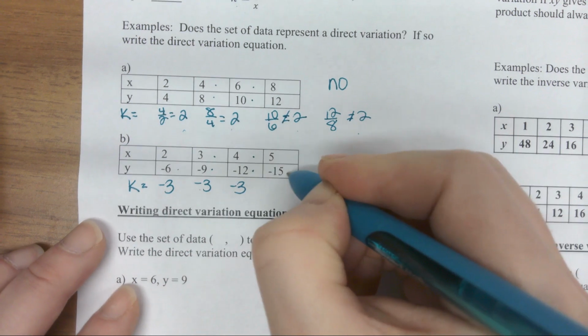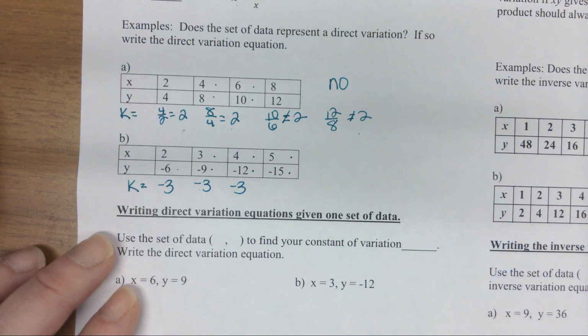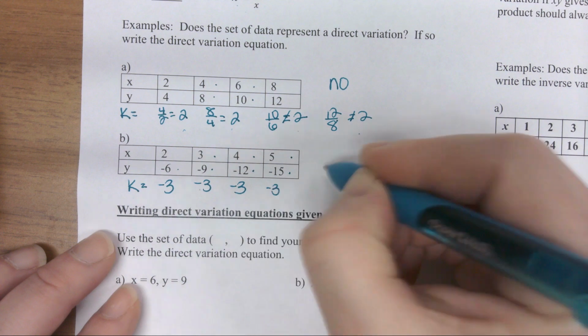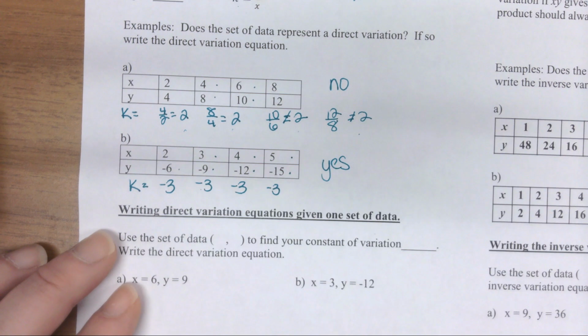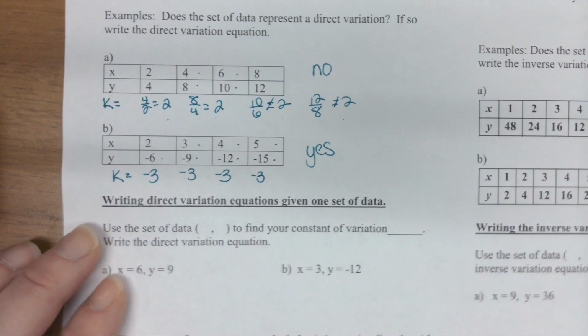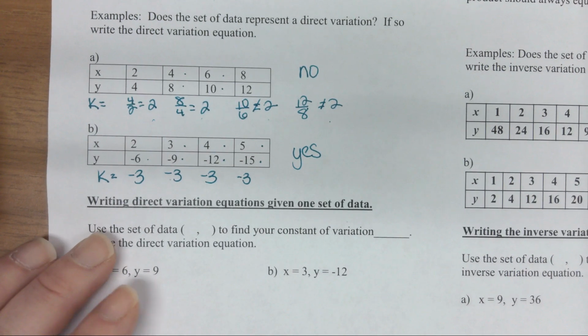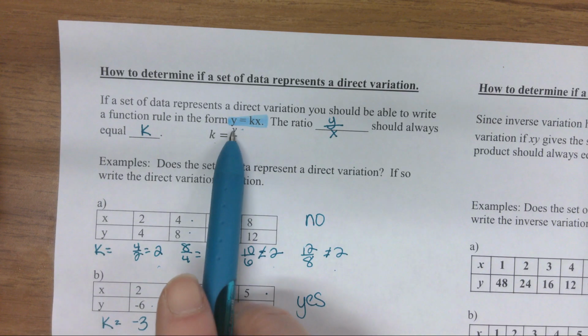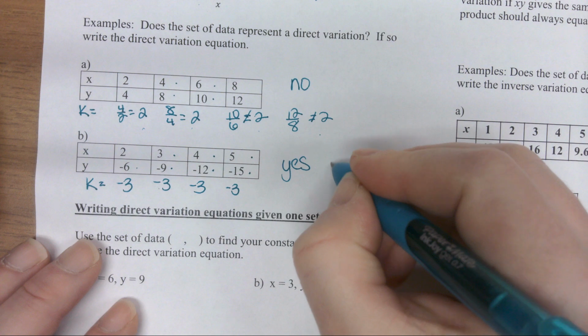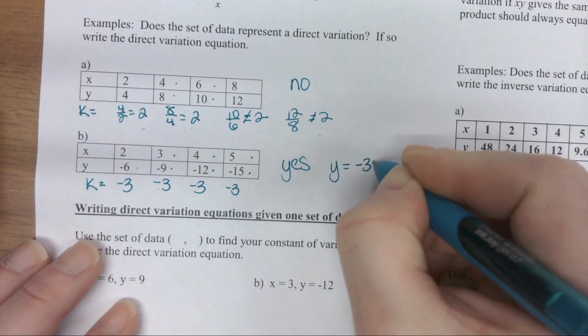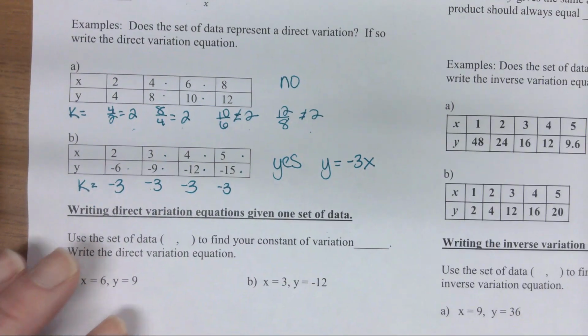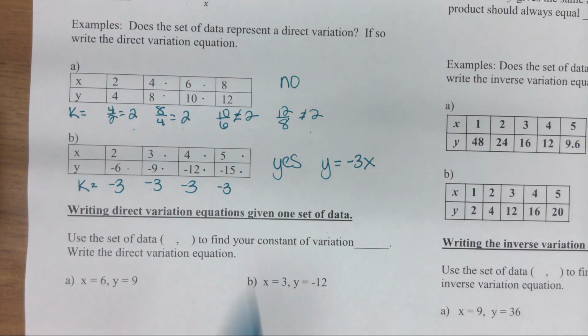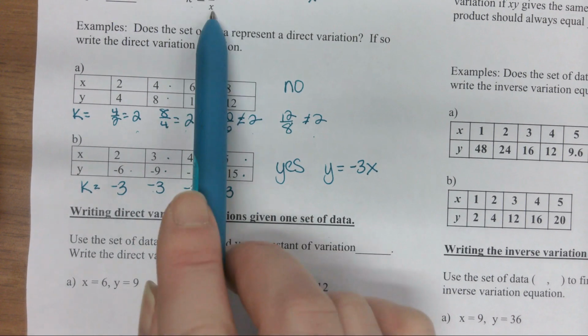What's negative 15 divided by 5? Negative 3. This is a yes. What was k? Negative 3, so we literally can write our equation. Remember, our equation is y equals kx. Our equation is y equals negative 3 times x. Okay, so in summary, to check if it's direct, you take y divided by x.